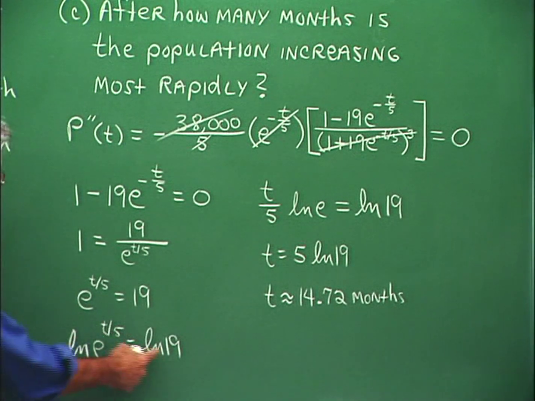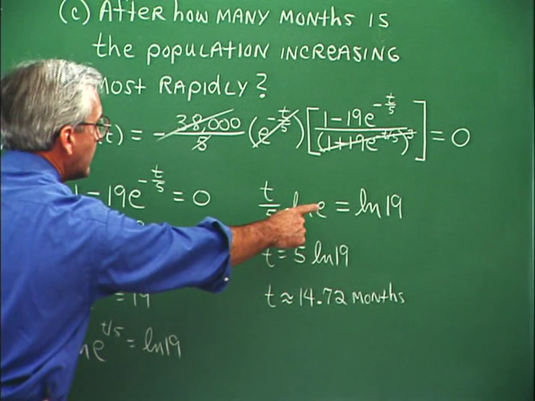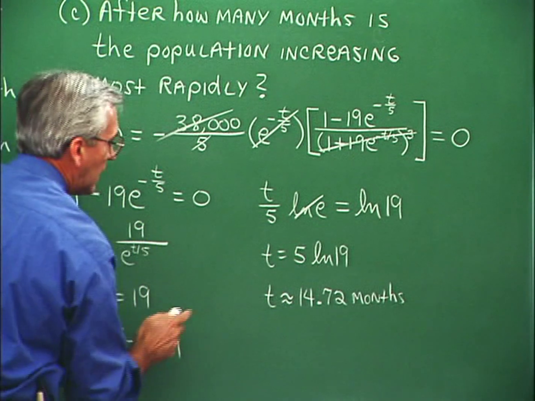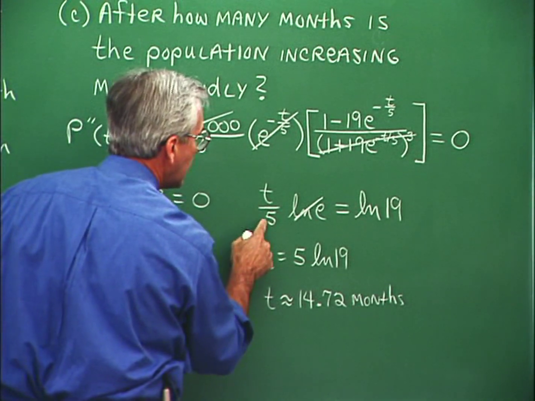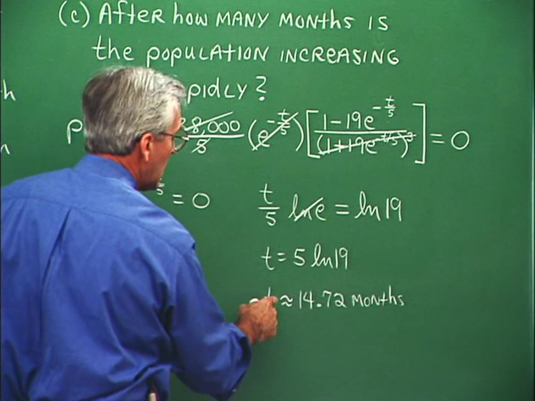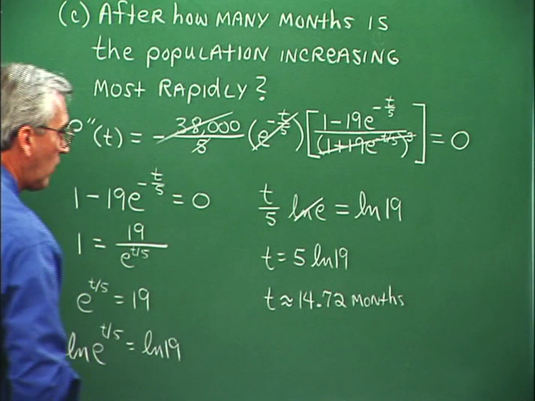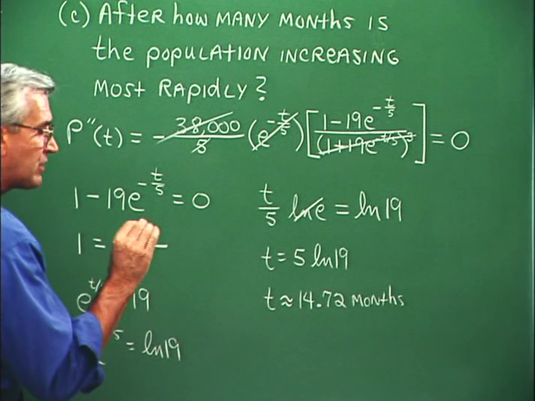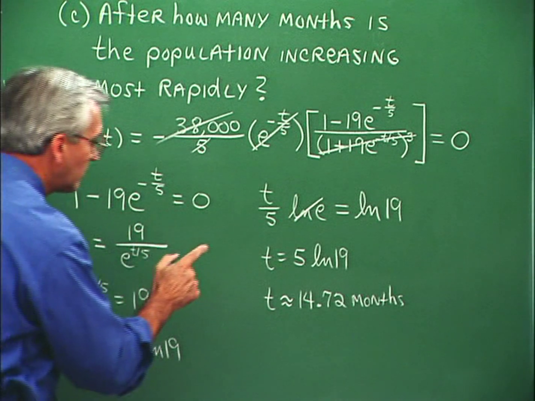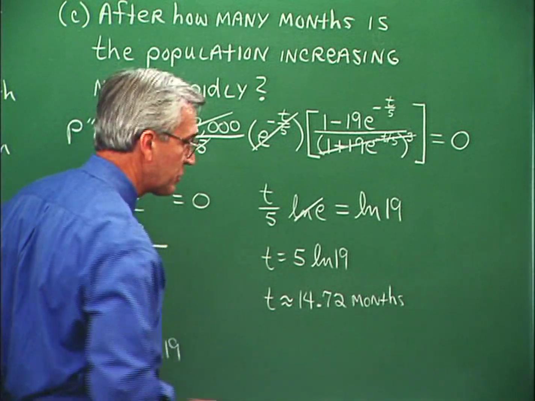So it's t over 5 equals ln 19. And now to solve for t, multiply on both sides by 5. We find t to be 5 ln 19, or t is 14.72 months. So this acceleration of growth stops at 14.72 months.